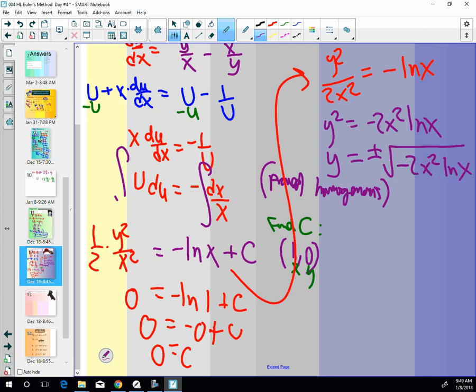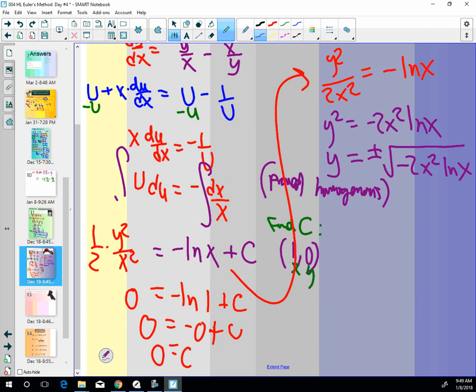Now, I don't understand this, because I don't think this could be an actual answer. Yeah, that's true. If x is less than e, then it could be. But x can't be negative, right? x can't be negative, or the natural log won't work, and you can't take the square root.